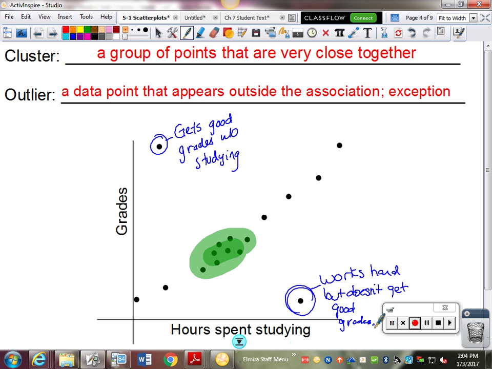I also don't want you to look at this person who studied a super number of hours and still got a bad grade and say, well, it didn't matter, I'm not going to bother. Outliers in real life are things that happen. There's usually a reason for it, but we want to generally make our decisions based on the majority of the data.